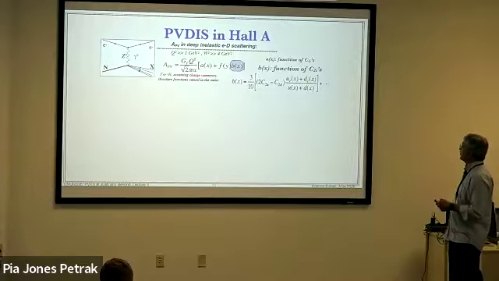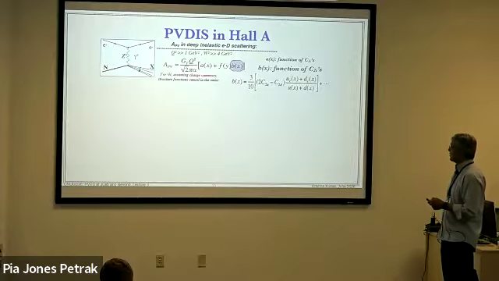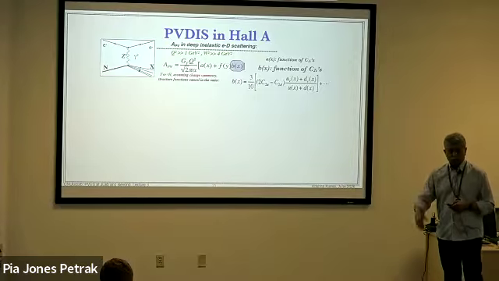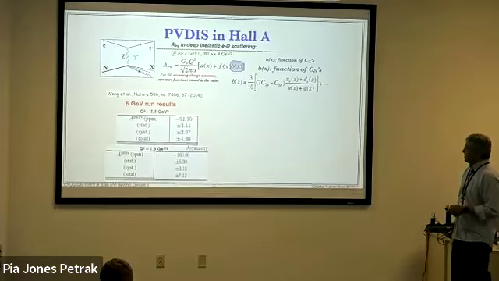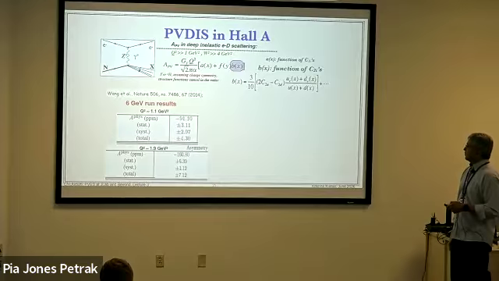So that's the focus, B of X, because A of X is measured by Q weak and atomic parity violation. So these were the two results at Q squared of 1.1 and Q squared of 1.9 that were done in Hall A.